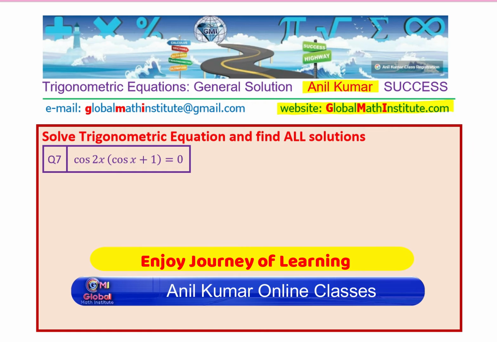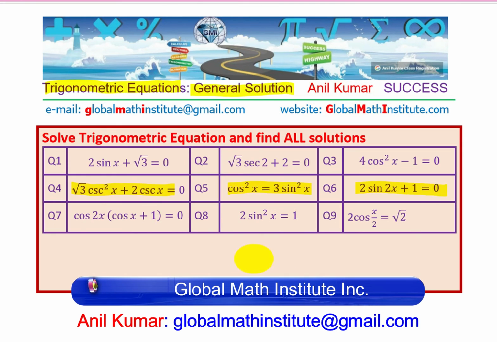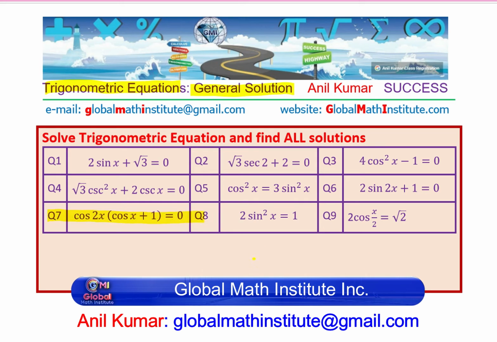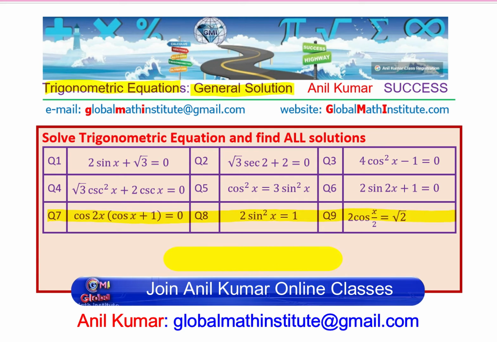The three examples which I'm going to take in this particular video are the last three of our set of nine. Earlier we had solved six of them, and now we are going to summarize with the last three, where we have taken double angle cos 2x, square of a thing, and half angle.